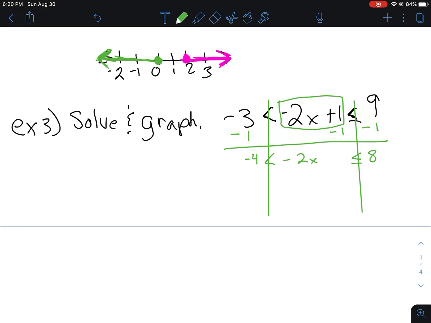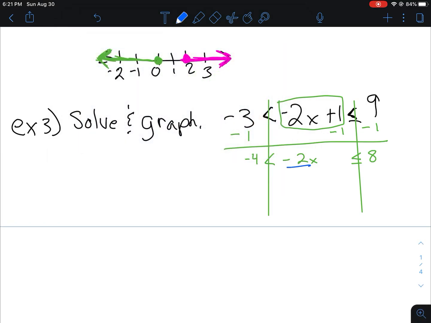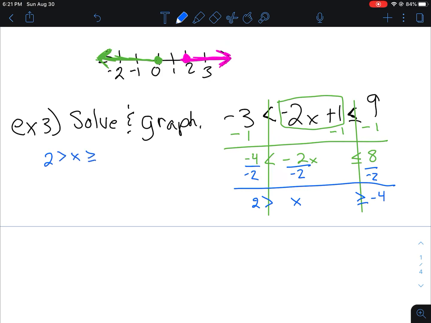Then what we need to remember is that we are going to divide everything by -2. And so when that happens, we get +2 is greater than x, which is greater than or equal to -4. So our actual statement reads like this. Now, whenever you have an and statement, you need to remember that it needs to go smallest to largest.